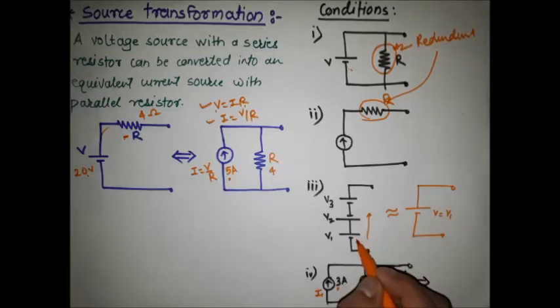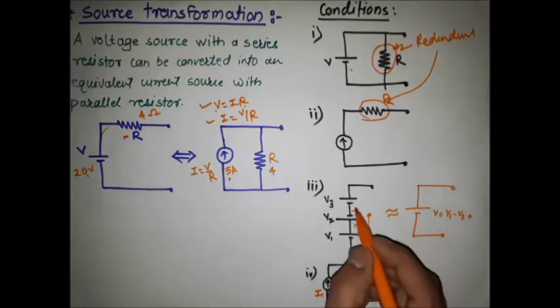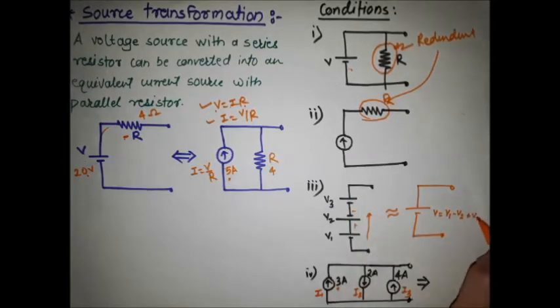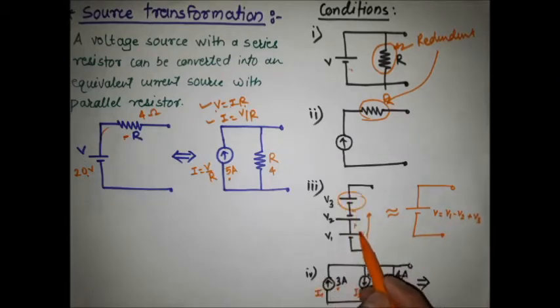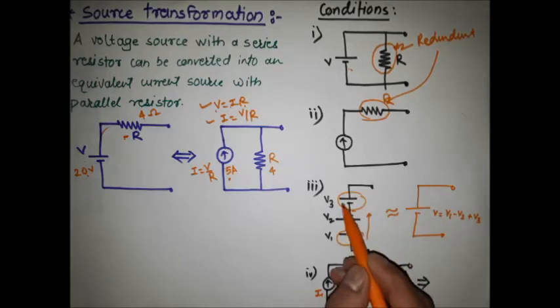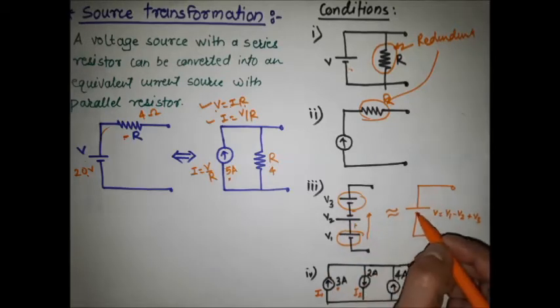Then here it is going from plus to minus, so simply it is minus V2, and then plus V3. Or simply the voltages which have the same polarities, we directly add them and subtract the other one which has the different polarity. So simply it is V1 plus V3 minus V2.